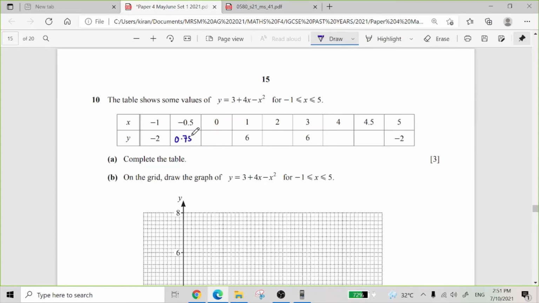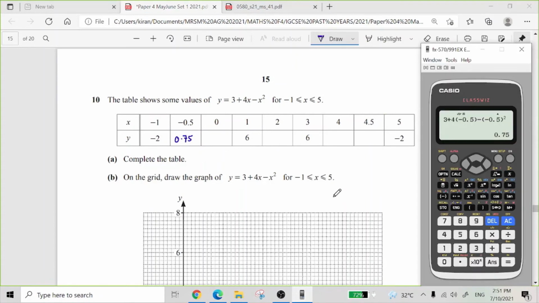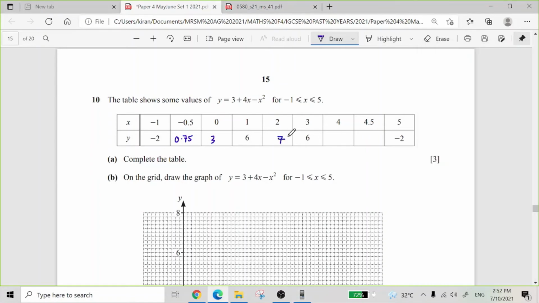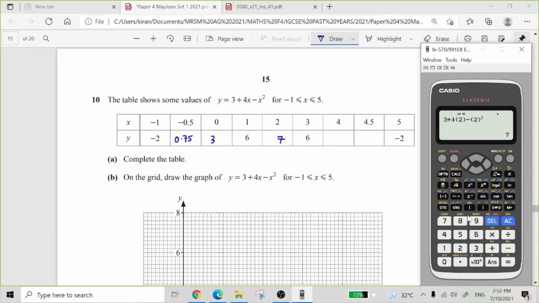Since we want to draw the graph, it is easier to leave your answer in decimal places. Then we substitute 0, we get 3. We substitute 2 here, we get 3 plus 4, then minus 2 squared, and I get 7. We substitute 4 here, 3 plus 4, minus the square of 4.